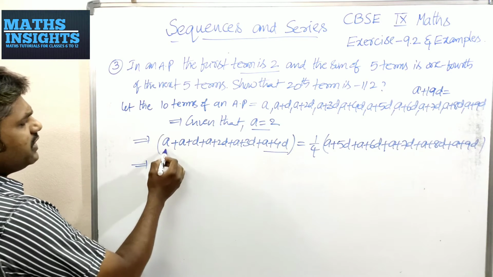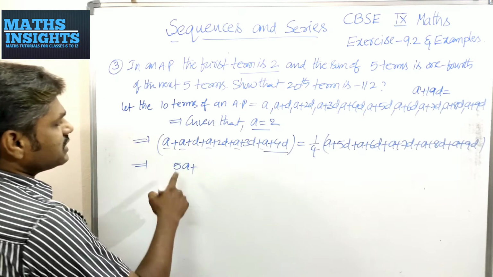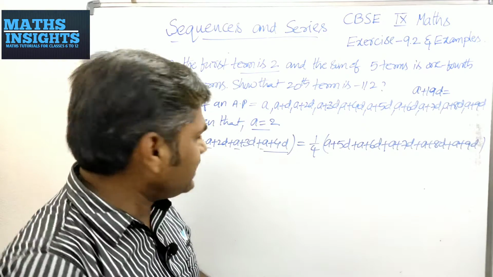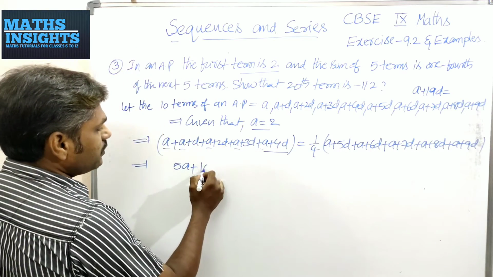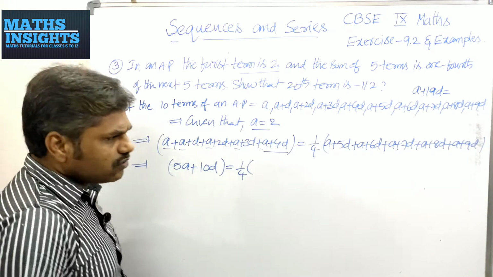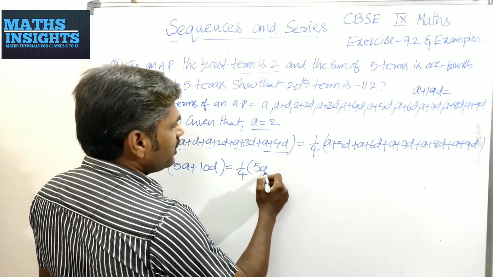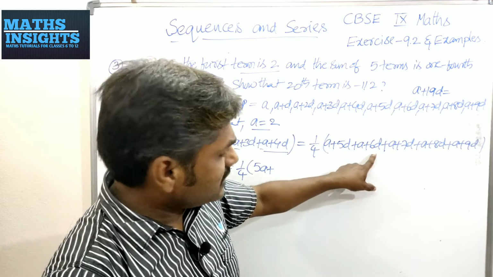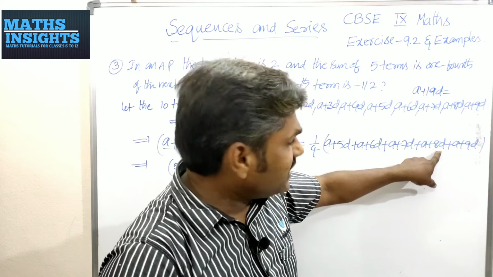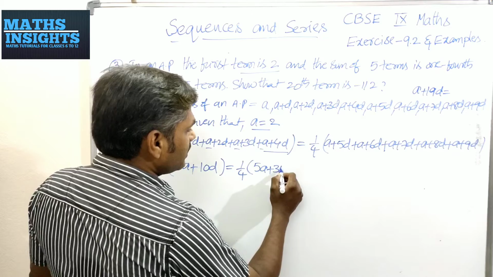How many a's are there? 1 2 3 4 5. 5a plus d plus 2d, 3d, 3d plus 3d, 6d, 6d plus 4d will become 10d, is equal to 1/4 into, here also a is same, so 5a, plus 5d plus 6d, 11d, this is 18d, this is 26d, this is 26 plus 9, 35d.